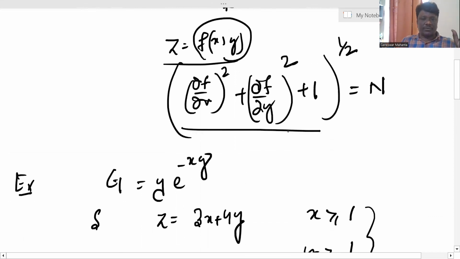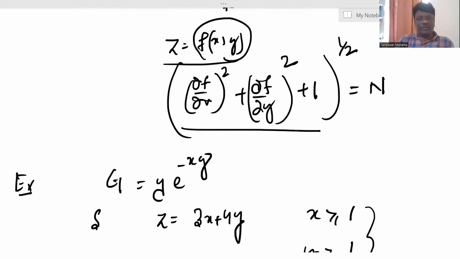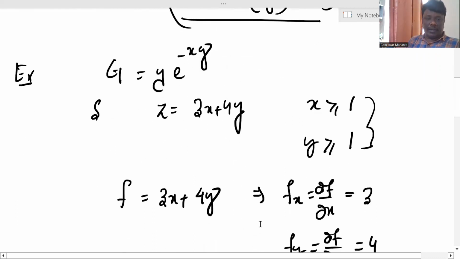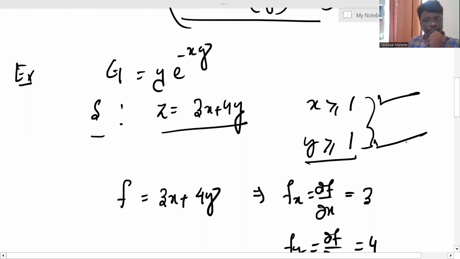N is equal to 1 plus del f by del x whole squared plus del f by del y whole squared, all to the power half. We have to consider one example: g is equal to y e to the power minus xy, and the surface given is z equals 3x plus 4y, with x greater than or equal to 1 and y also greater than or equal to 1.